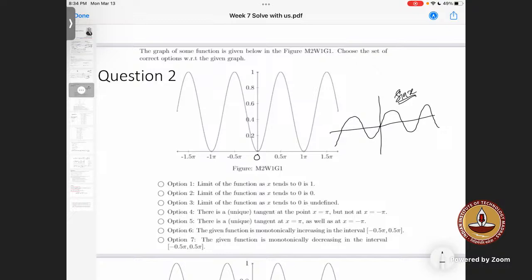Is that clear? On the left side there are negative values. So 0 is missing, and I just mentioned that it should be 0. Yes, it should be sinusoidal.